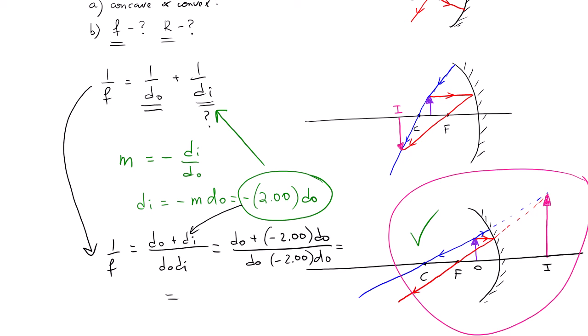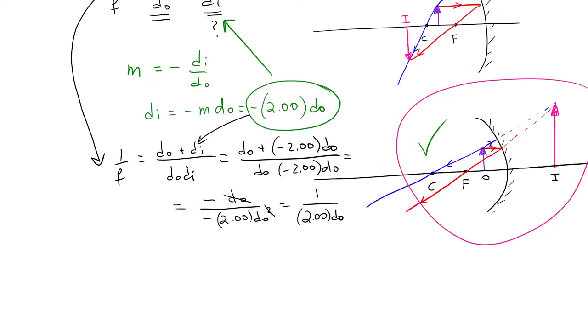So we have negative d_o on the top and negative 2.00 d_o squared on the bottom. So one of the d_o's will cancel. We'll have 1 over 2.00 times d_o. To find the focal length, take the reciprocal of both sides.